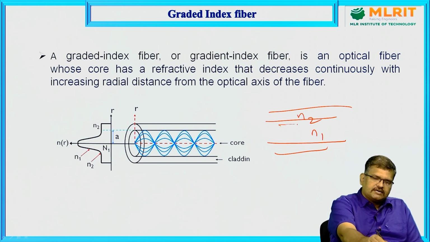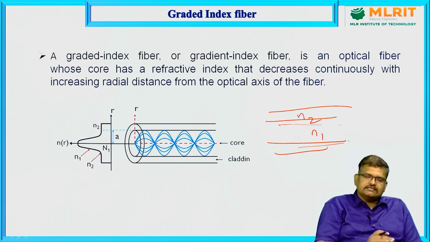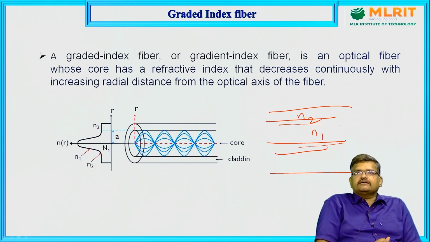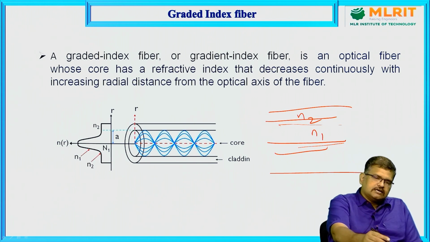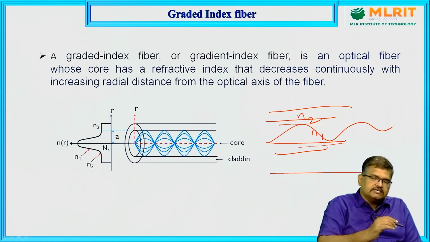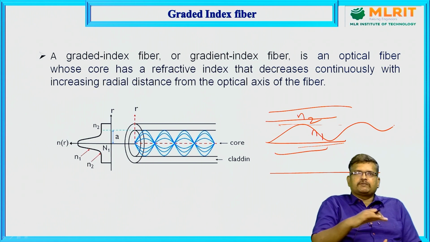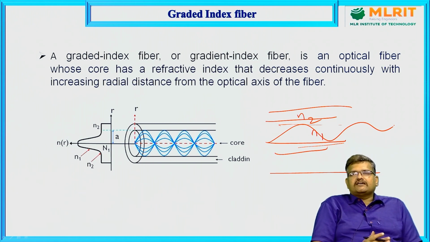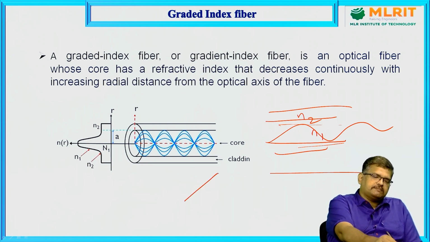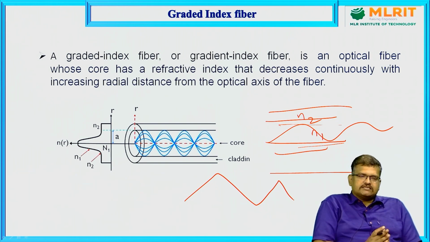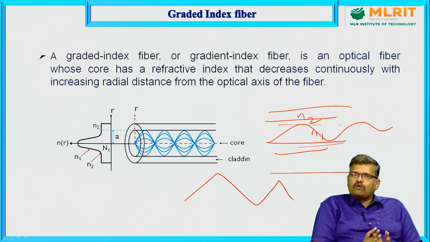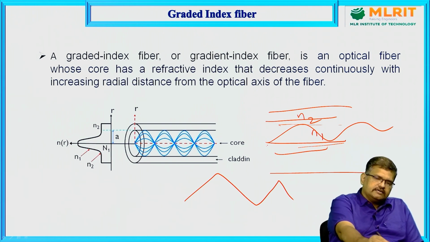The refractive index profile gradually decreases as the distance increases. Because of this nature, I get smooth propagation of the curve. In step index there is an abrupt change in the signal, but in graded index, because of the variation of the refractive index of the core, I get a smoothened signal.